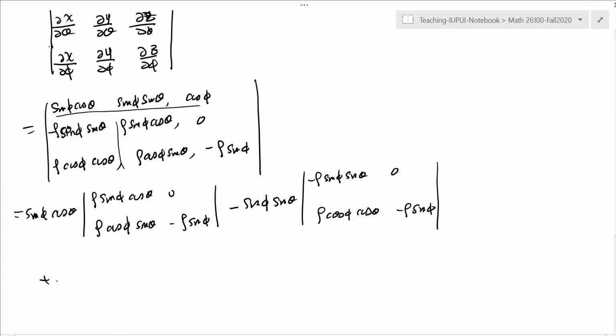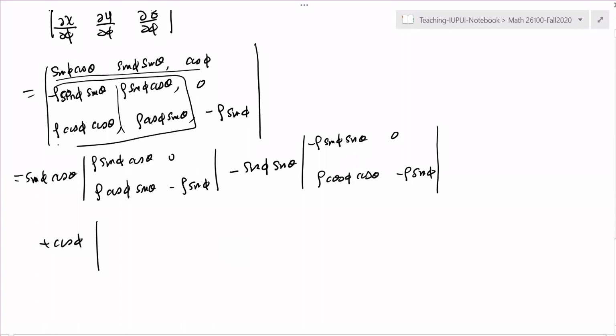And the last one will be this matrix here: negative rho sine phi sine theta, rho sine phi cosine theta.